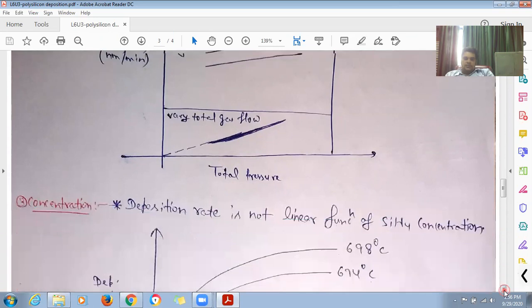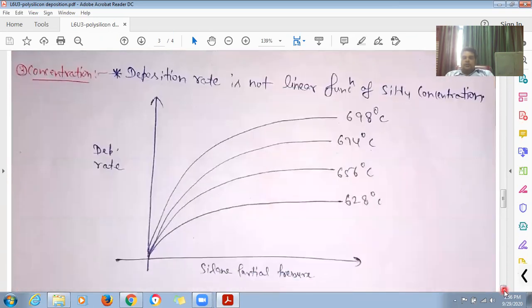The third variable is concentration. Deposition rate is not a linear function of the silane concentration. In this diagram, you can see that if we increase the silane partial pressure, and partial pressure is directly proportional to the concentration by Henry's law, then as you can see, by increasing the concentration, the deposition rate varies non-linearly like this.